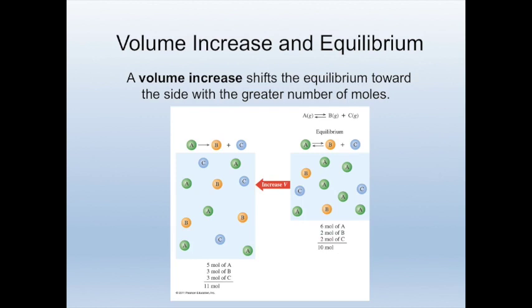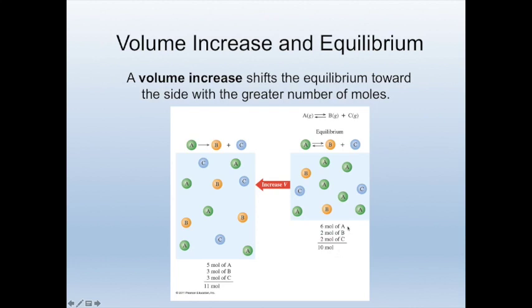So, if you conversely increase the volume, this will shift the equilibrium towards the side with the greater number of moles. So, in the same reaction of A going to B and C, there are 11 moles present after you've increased the volume from the equilibrium state where there are 10 moles present.